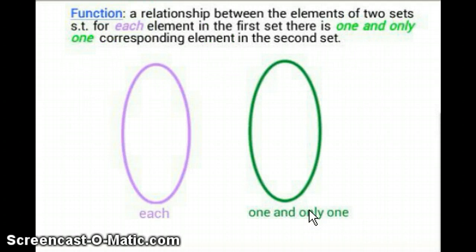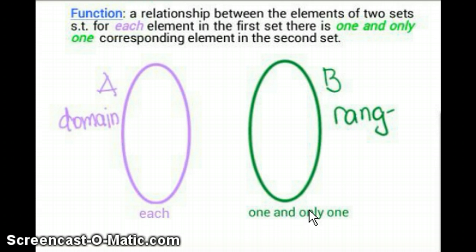If I have the two sets, let's call them A and B. As you might already know, they have names. The first set is called the domain, and the second set is called the range. And I'm gonna take some elements in each one of them.